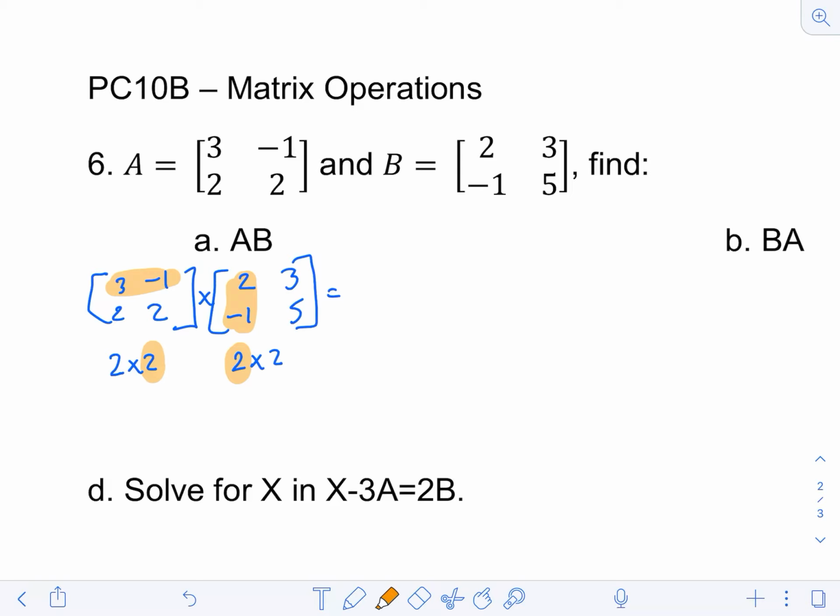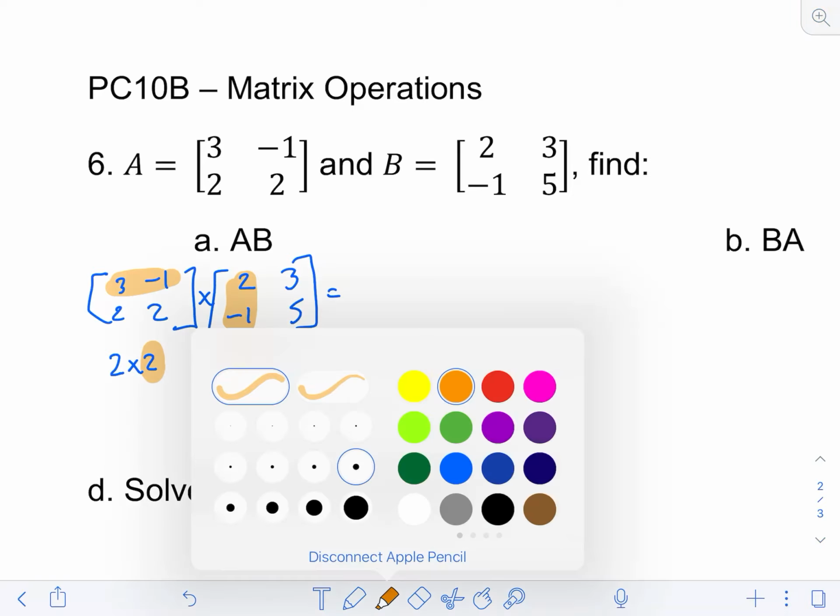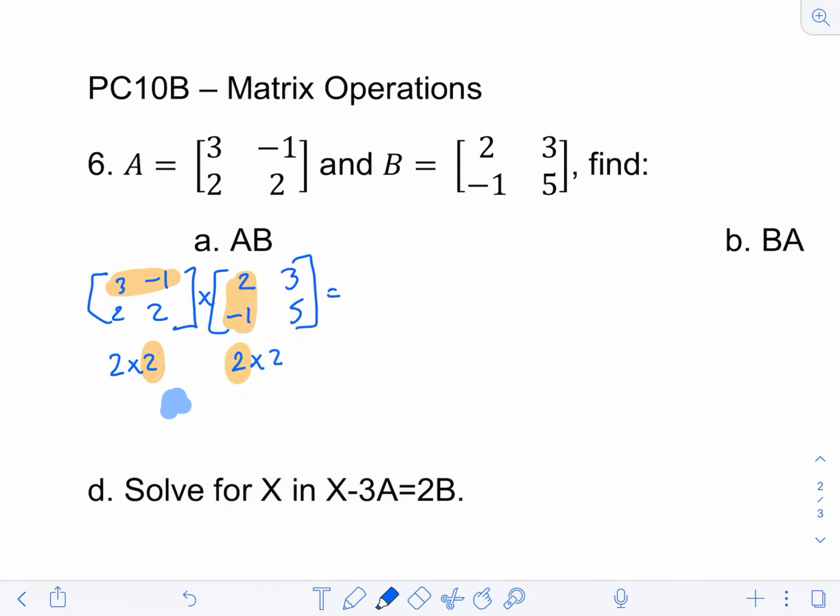So there are 2 elements in each row because there are 2 columns, and there are 2 elements in each column because there are 2 rows. So knowing that, if those 2 values match, then we can multiply them, and we can do it right here.